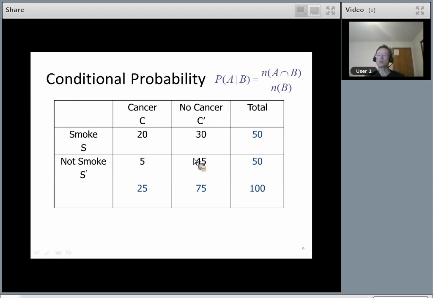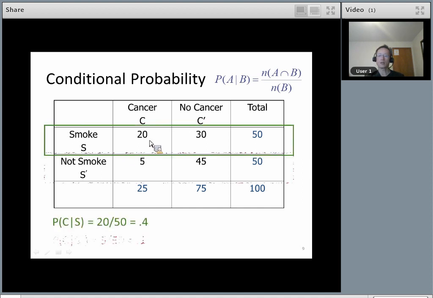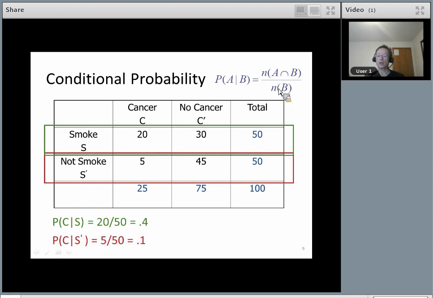If we want to study the relative risk of smoking for getting cancer using the frequency information, the conditional probability of getting cancer for a subject exposed to the smoking environment is 20 out of the 50 in that group, which is 0.4. Likewise, the cancer rate for non-smokers is 5 out of 50, which is 0.1.